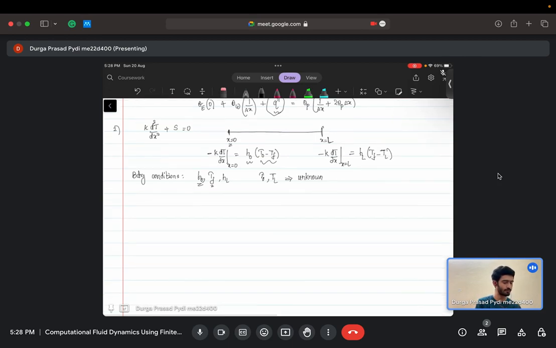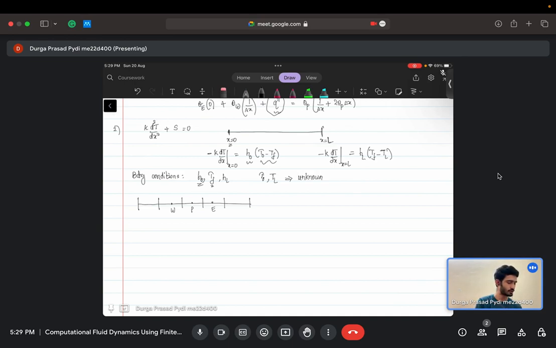So how do I go about solving this? Again, the first step is you take your domain and discretize it. Say this is my P cell, east cell, west cell. For the interior cells it is quite straightforward, it's the same equation.